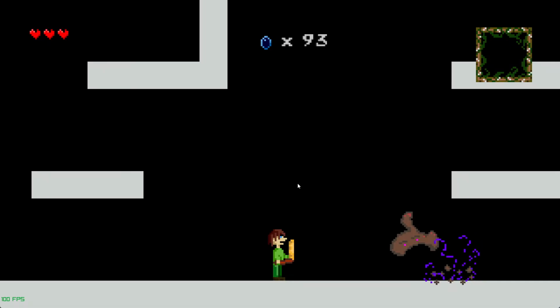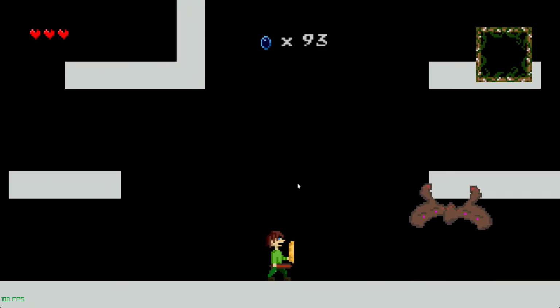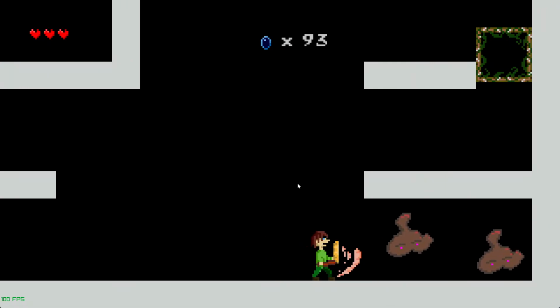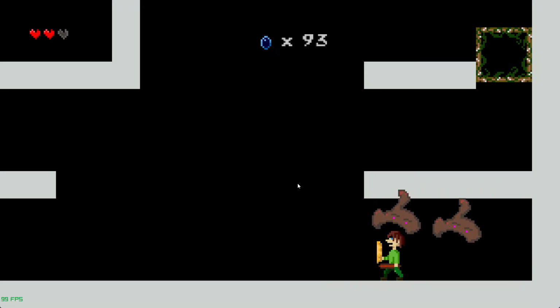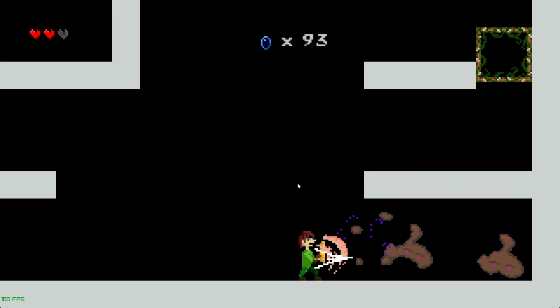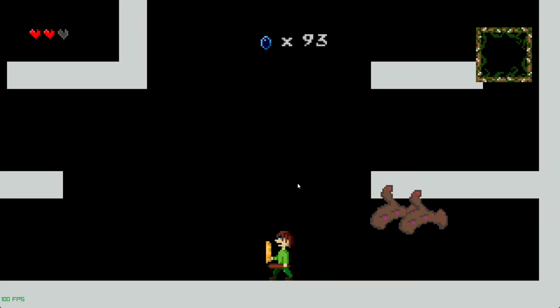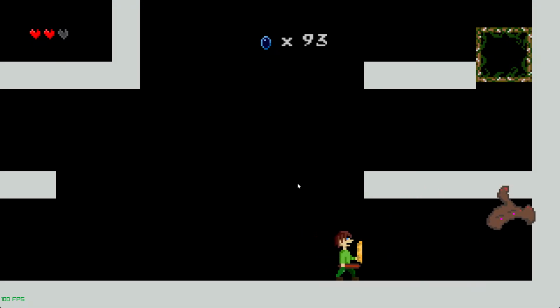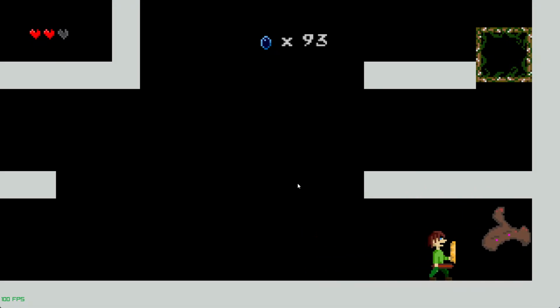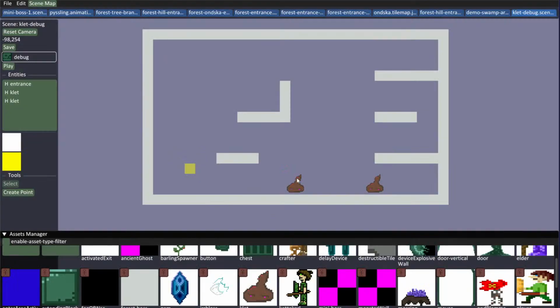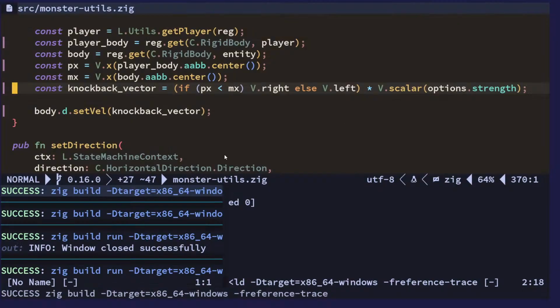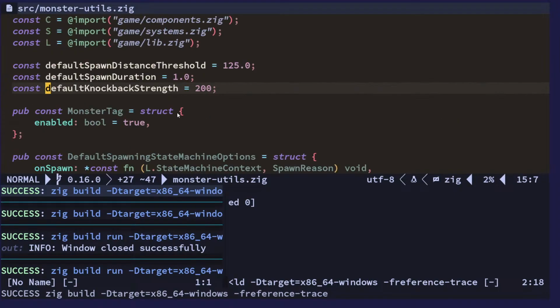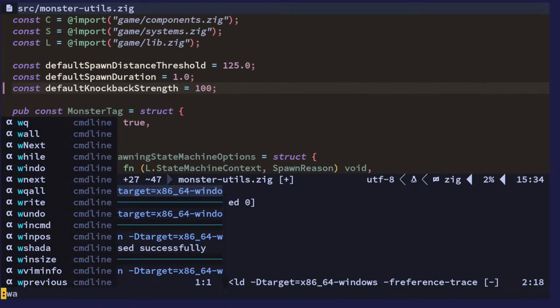And now the knockback might be a bit too strong, perhaps, or there's still something weird going on. Yeah, it's probably a bit too strong there. So let's lower this.